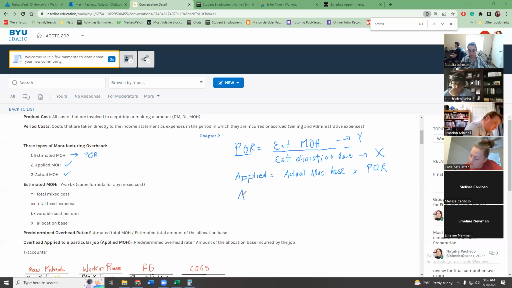And with the actual, you don't calculate it, they just give it to you and you have to see the difference of these 2. And remember that the applied is you multiply times the actual hours or actual allocation base, not the actual manufacturing overhead.